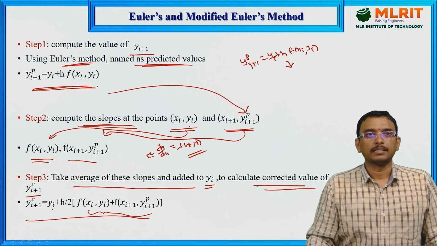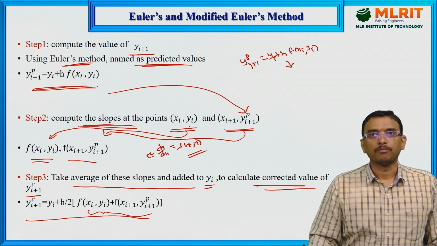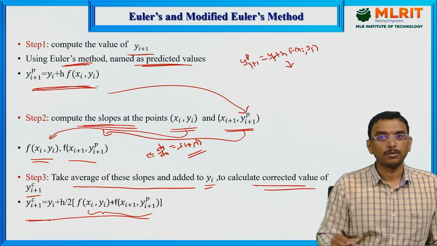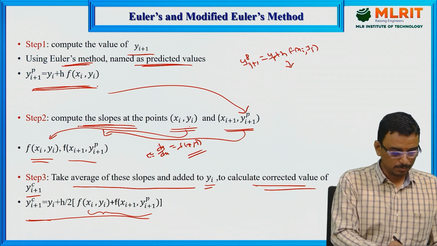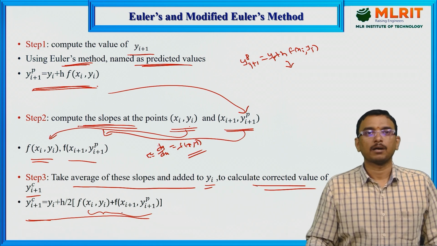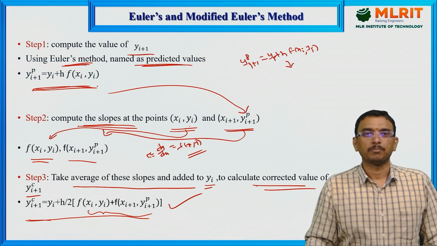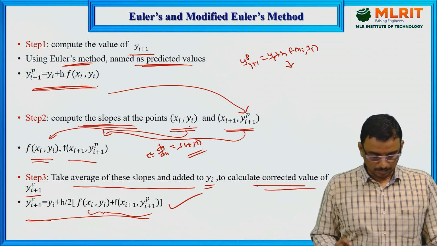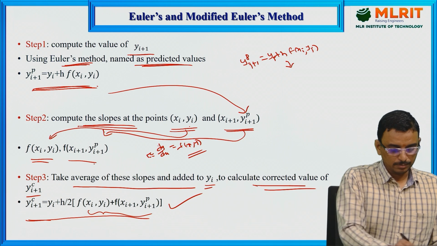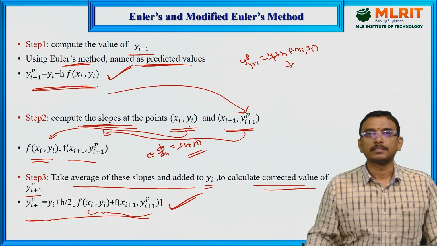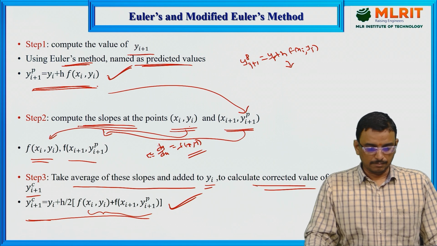So we get the corrected value: yi plus 1 of c is equal to yi plus h by 2 into f of xi comma yi plus f of xi plus 1 comma yi plus 1 of p. Using these predicted and corrected values, we can calculate the value of y in the given interval.